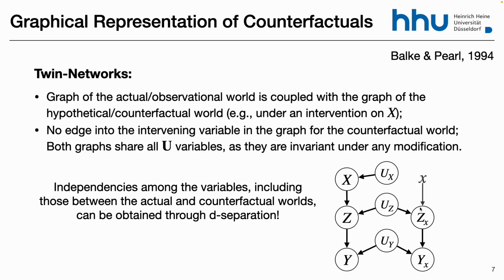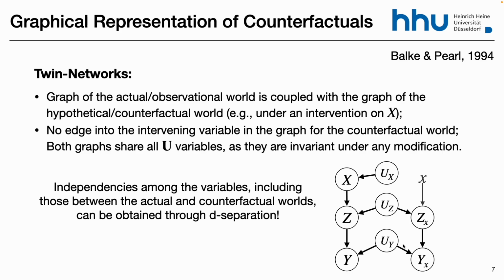The important part is that they are all connected by the U's, except the one that had an intervention. So the Z's are connected by the same U_Z, and the two Y's are connected by the U_Y. Clear? Okay.